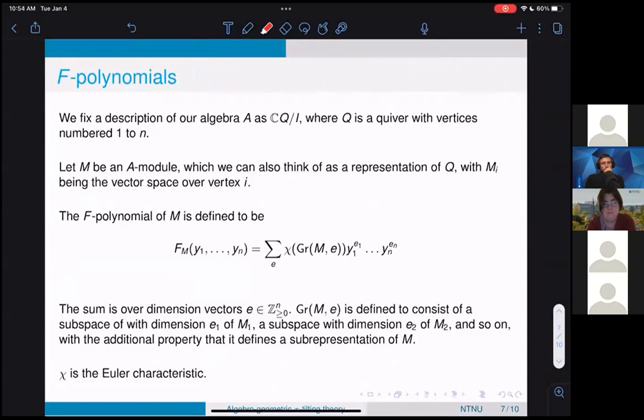F polynomials are an important invariant of a module, which were introduced in the setting of cluster algebras. But if you're not familiar with them, you don't really have to worry about the contents of the slide here. The point is just that to each module, there's an associated polynomial in n variables, which somehow encodes the structure of the submodules.